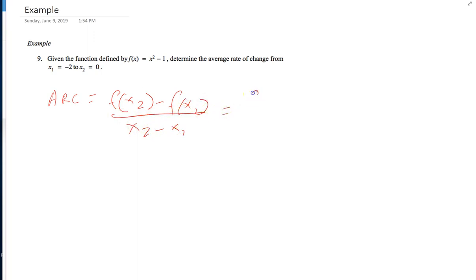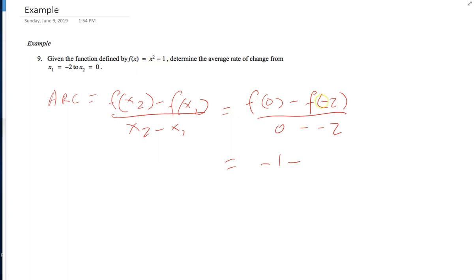So let's say x sub 2 was 0. So that's f of 0 minus f of x sub 1, which was negative 2, over 0 minus negative 2. All right, so let's plug 0 into x squared minus 1. So that's going to be negative 1.